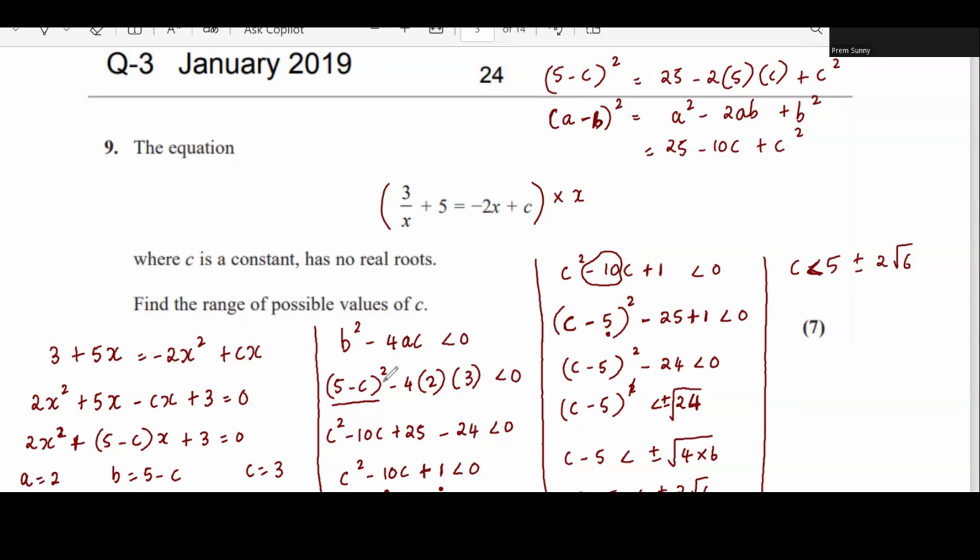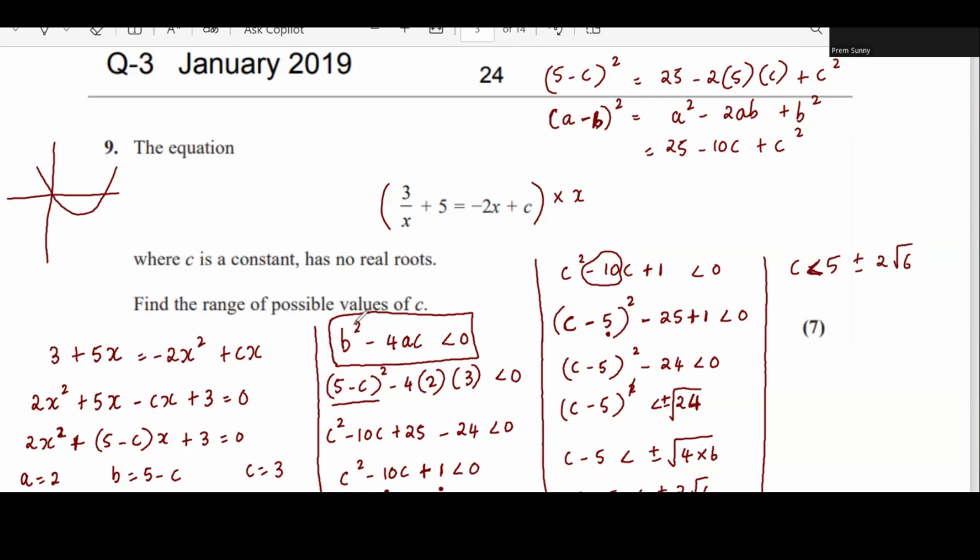Now when you check here, b square minus 4ac is less than 0. This means it is a quadratic. When you represent a quadratic, you will get a U shape, since the coefficient of c square is positive. Now b square minus 4ac is less than 0.